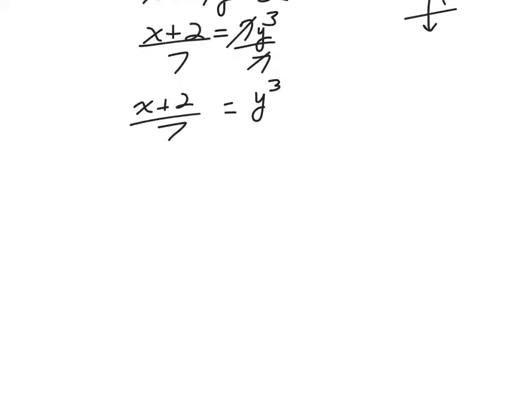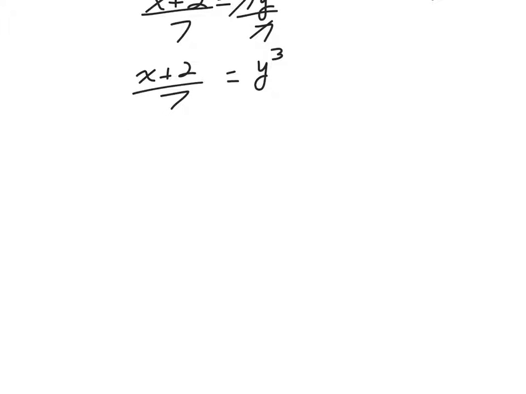So to solve for y, we'd cube root both sides. So we'd have the cube root of x plus 2 over 7 equal to y. And if we wanted to be technical, we should probably rationalize the denominator, but I think I lived with it if you gave me this answer. Remember, if you want to refer to it as the inverse, you can call it f.